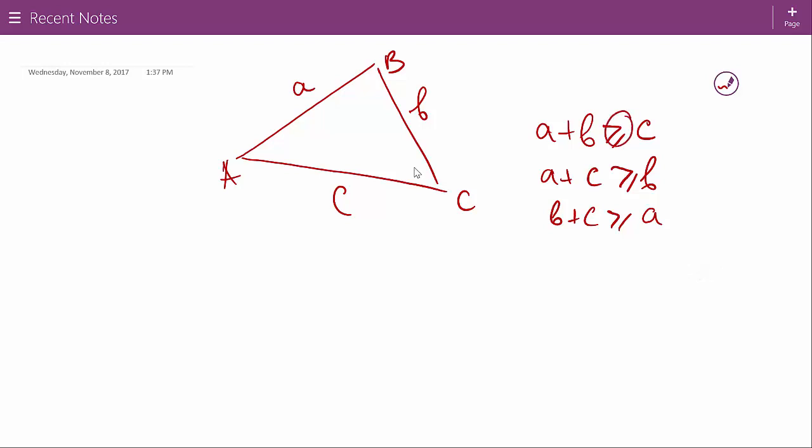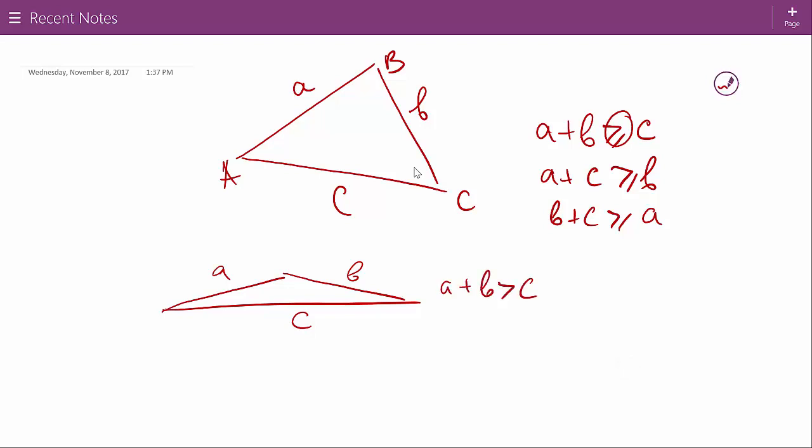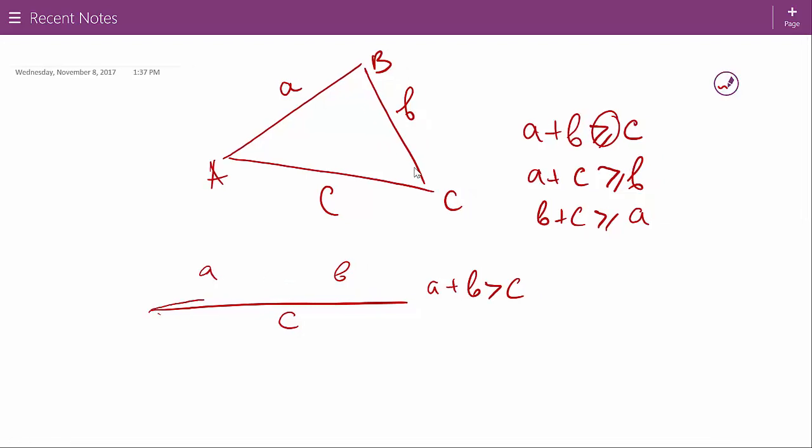Well, let me give you an example. Let's say I flatten my triangle really badly. Here, this is my C, this is my A, and this is my B. Still, the sum of A and B is going to be greater than C. What if I flatten it even more? What if my triangle looks like this?